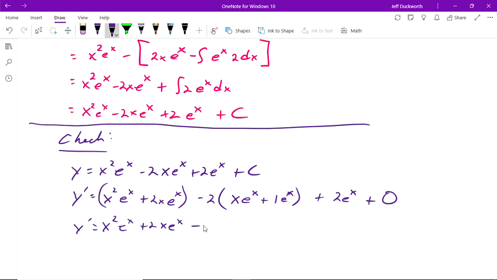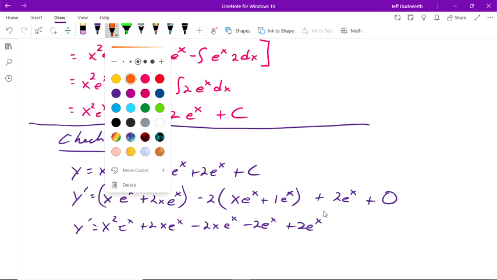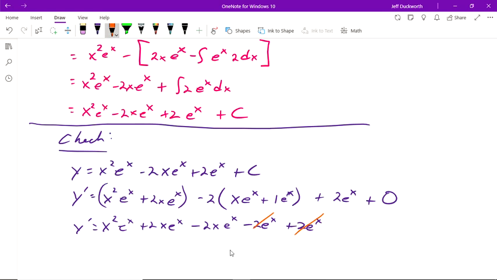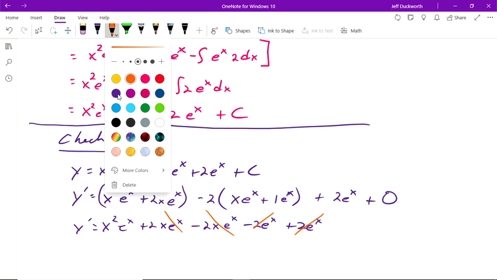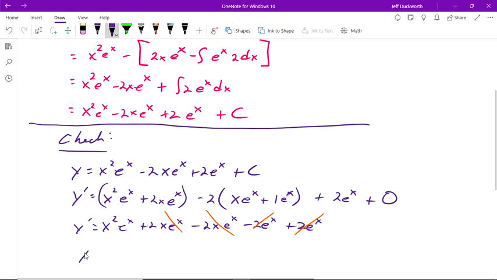So let's distribute everything and see what we can cancel and see what we end up with. We distribute the 2, so minus 2x e to the x minus 2e to the x plus 2e to the x, and we don't need the 0 again. So please note, these two cancel, and these two cancel. So we're left with y prime equaling x squared e to the x.